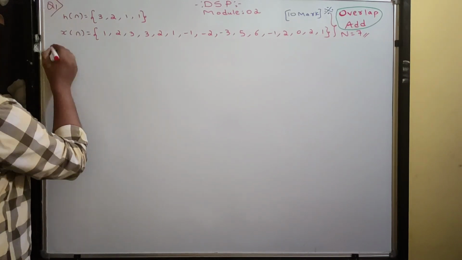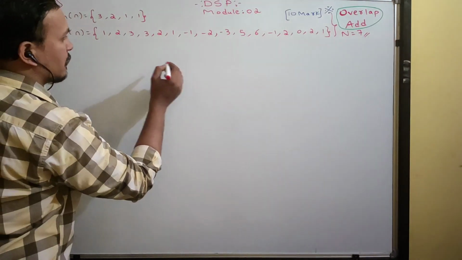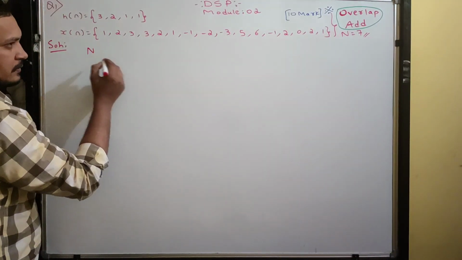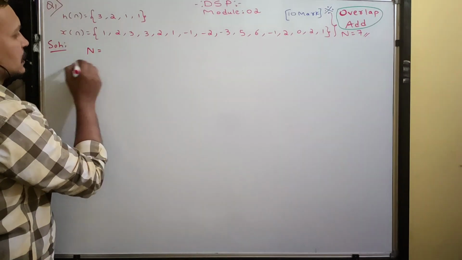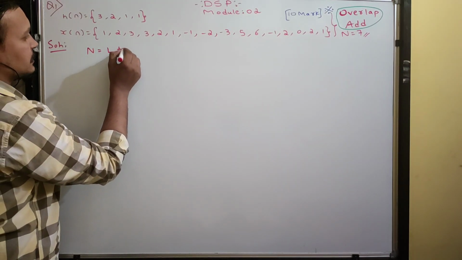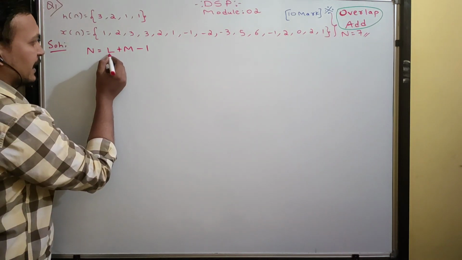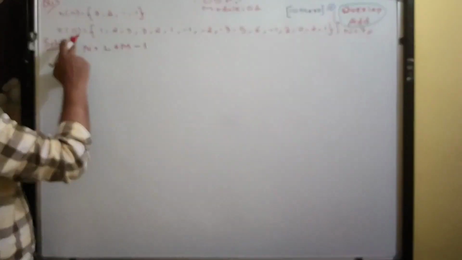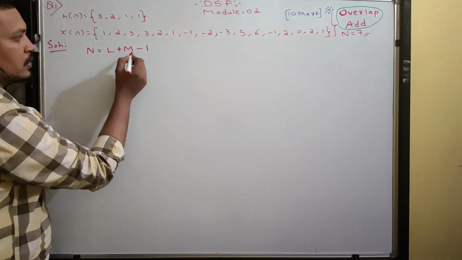We have a formula. The length of the data block is given by N equals L plus M minus 1. What do we mean by L? The number of samples in x of n. What is M?